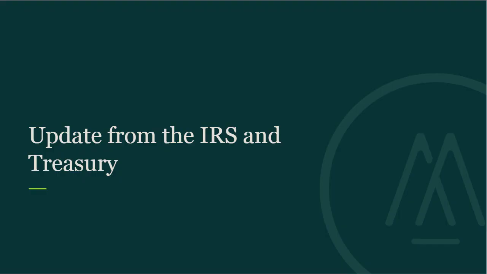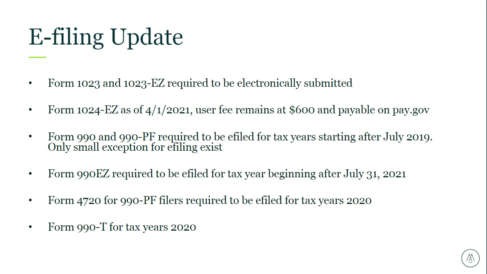All right, some updates. What's happening with the IRS and the Treasury? Quite a few updates with regards to e-filing and requirements starting this year and also last year. The Form 1023, the tax-exempt application for IRS determination to be tax-exempt, and Form 1023-EZ are now required to be electronically submitted on the IRS website.